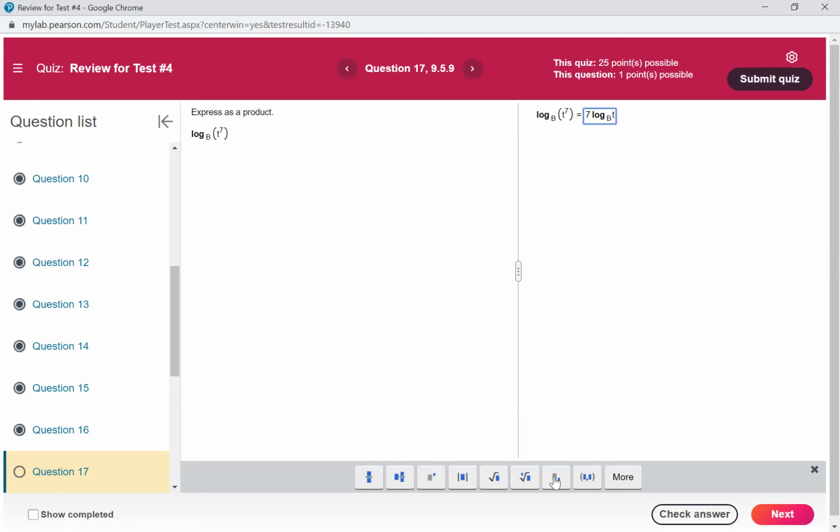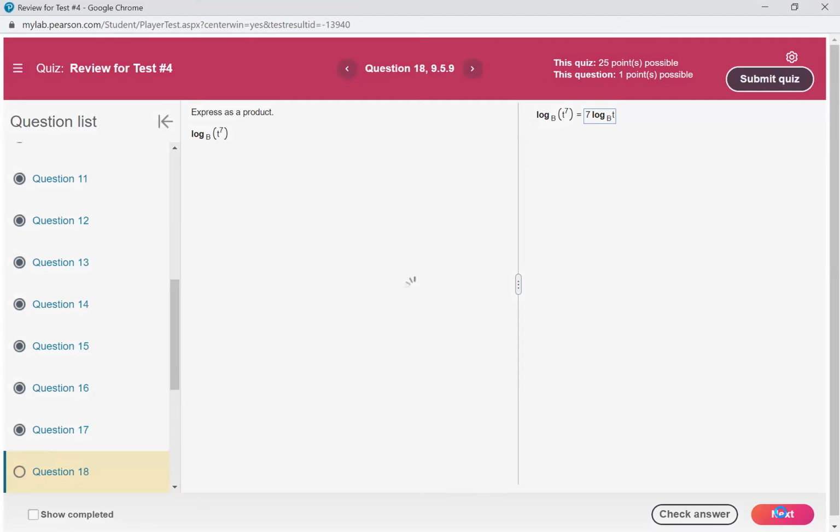So all you're doing on that when it says express it as a product, you're bringing the exponent down to the front and then writing the rest of it, okay? They know they're about to get trickier here.